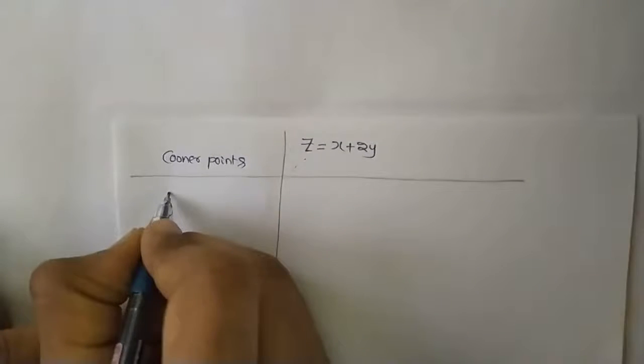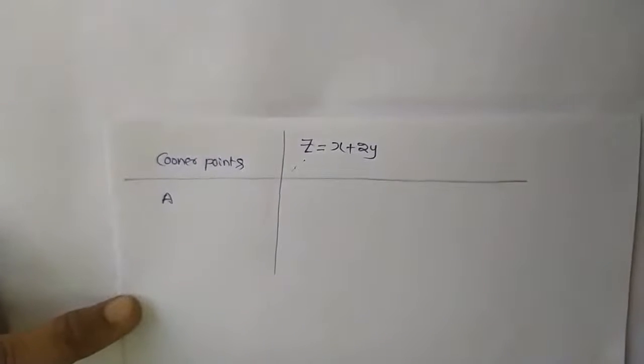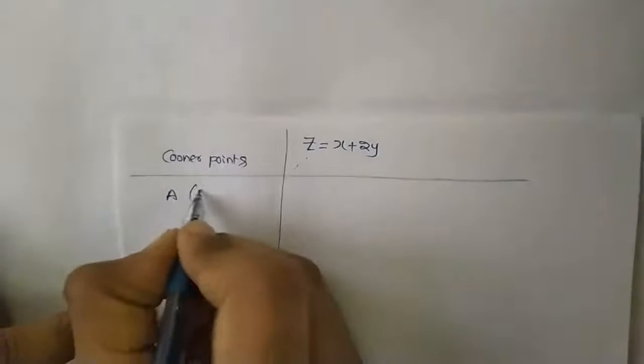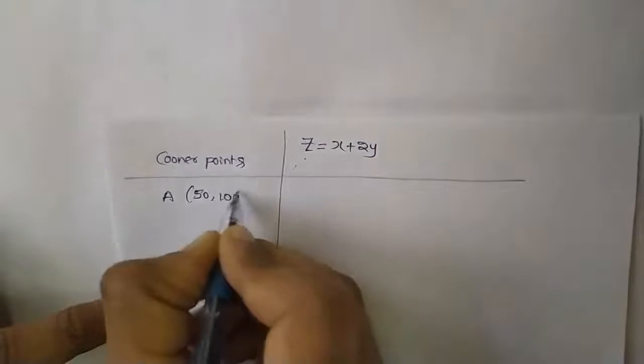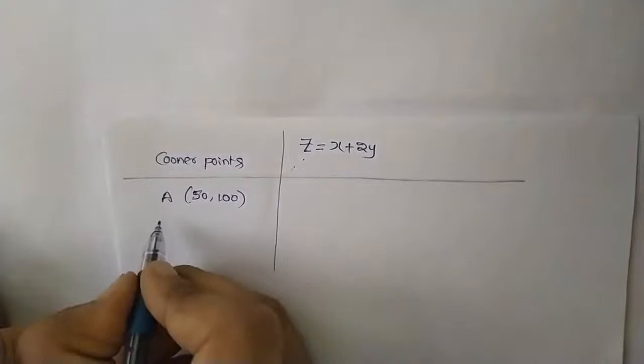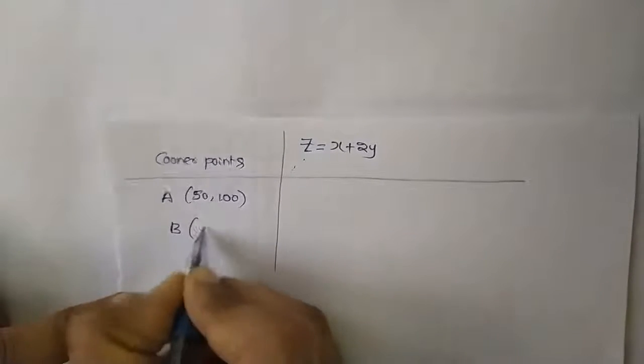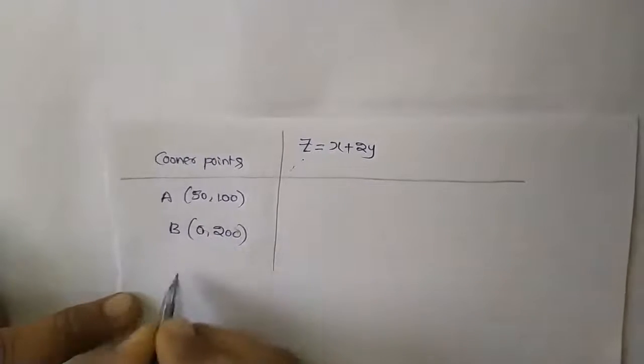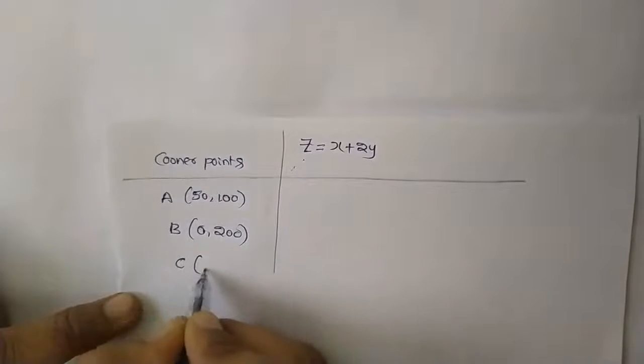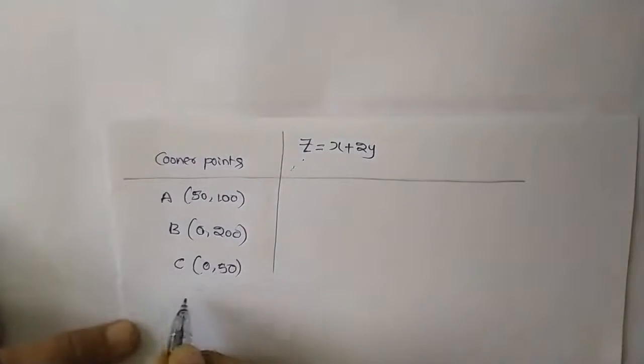So the corner points: see the point A (50, 100). Next, one more corner point B (0, 200). Next, the point C (0, 50).